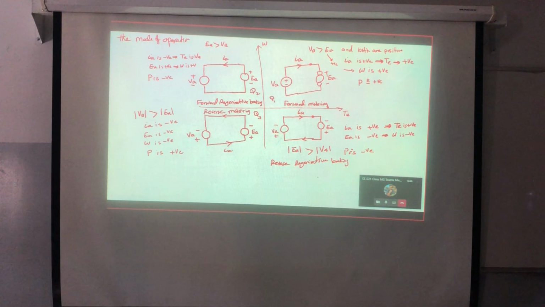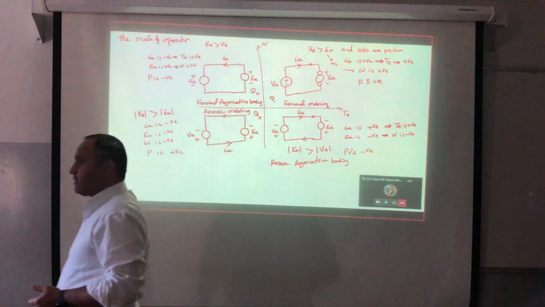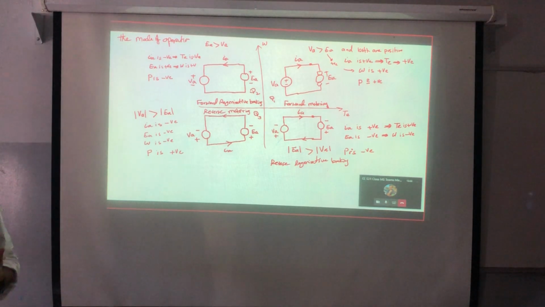Good? Okay. Now, we have another mode of operation we call dynamic braking. The meaning of the dynamic braking is that I will disconnect the supply, and instead of the supply, I will connect a resistor. What's the idea behind the dynamic braking? I need to stop the machine.